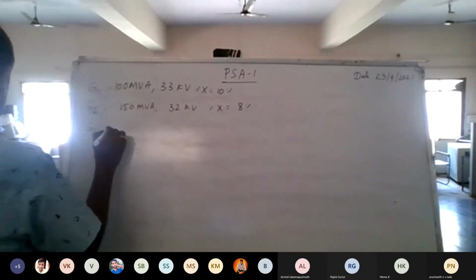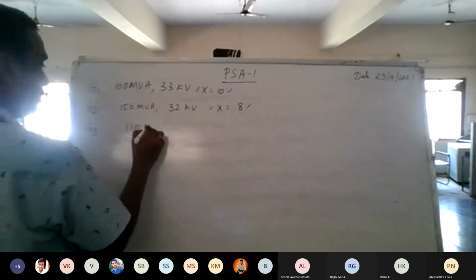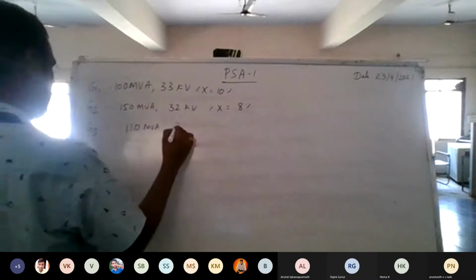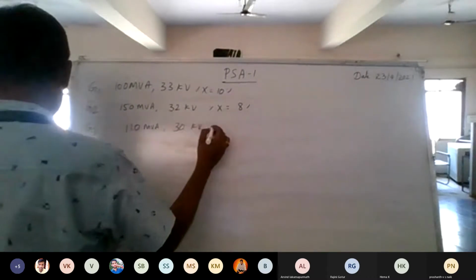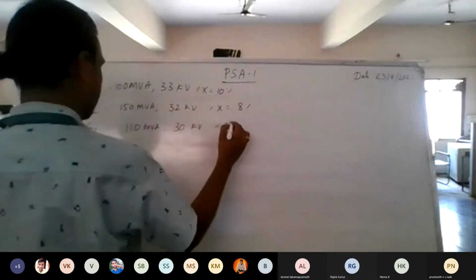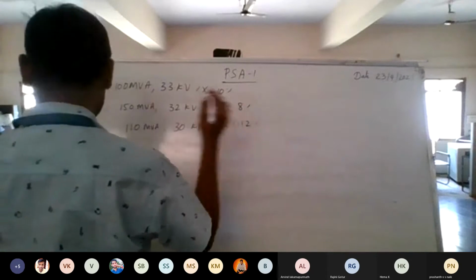Generator 3 is given 110 MVA, 30 kV, percentage reactance is 12%.